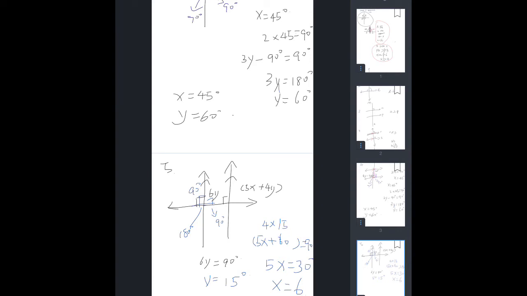So the answer is y is equal to 15 degrees, x is equal to 6 degrees. That's a really simple question, right? But you should know that.